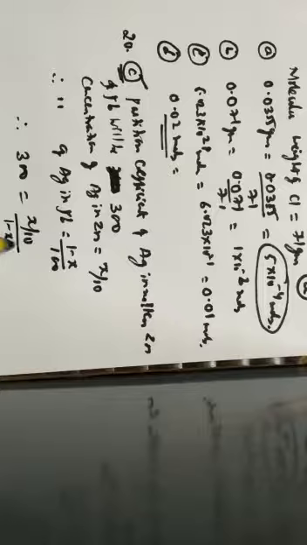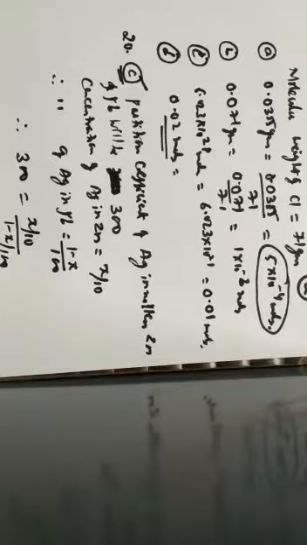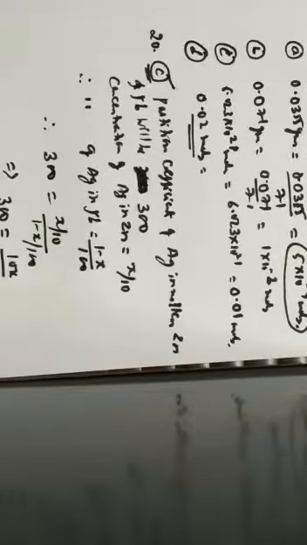So 300 is equal to (x by 10) whole divided by (1 minus x) by 100. If we simplify this, 300 is equal to 10x divided by (1 minus x). So it implies x is equal to 30 by 31.